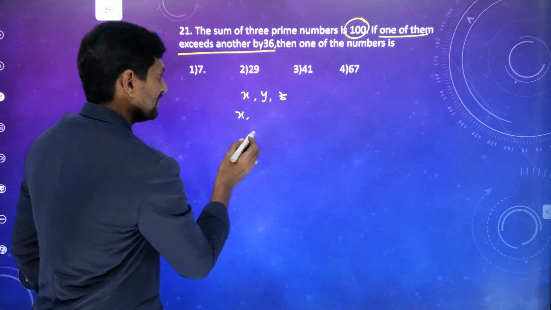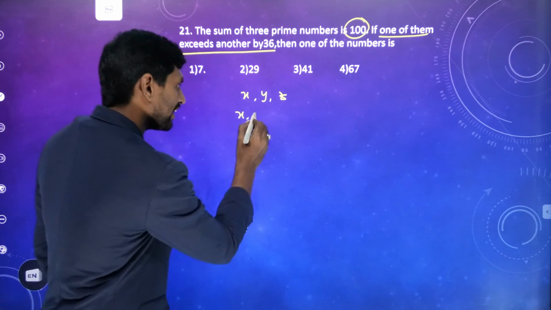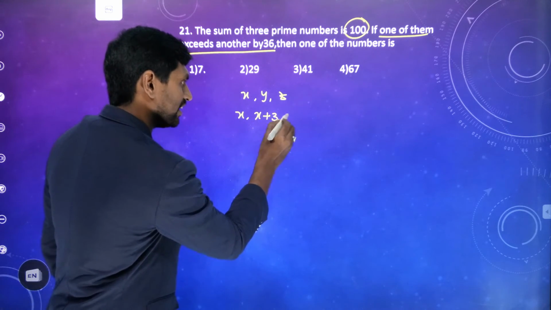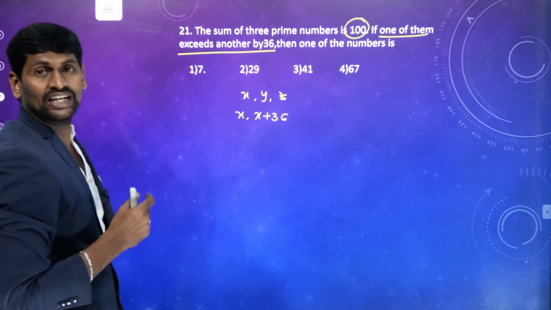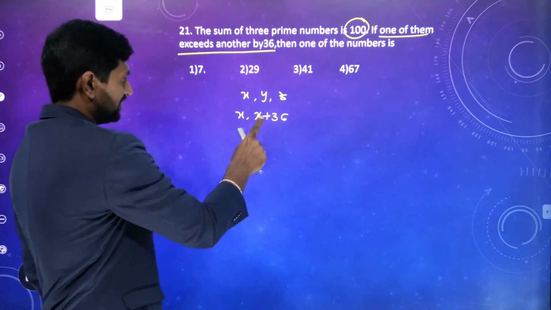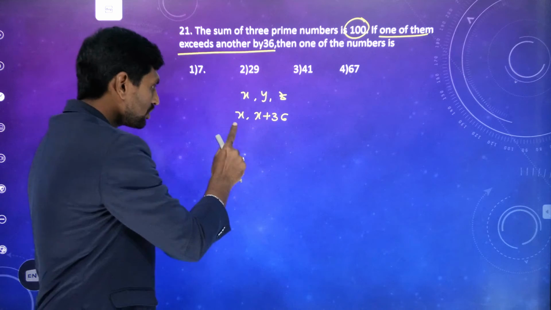If one is X, the second one we can consider as X plus 36, because exceeding means getting more. This number is 36 more than the first number.